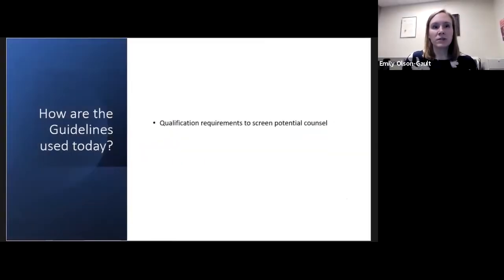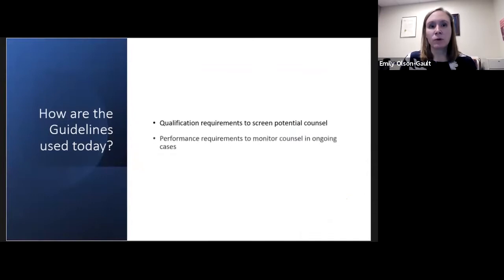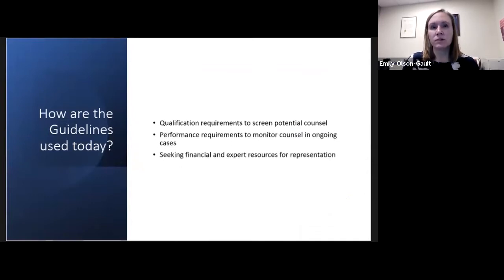So I'm going to start out by talking about three different ways that the guidelines are used today. And Robin spoke of each of these a bit, but these 18 years later, these are still ways that we are using the guidelines successfully.